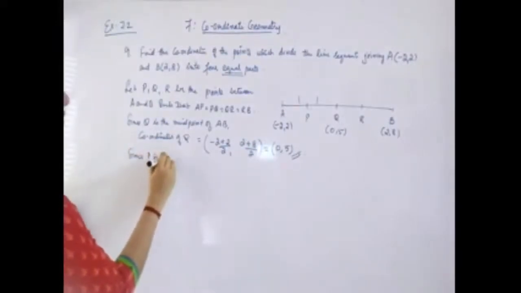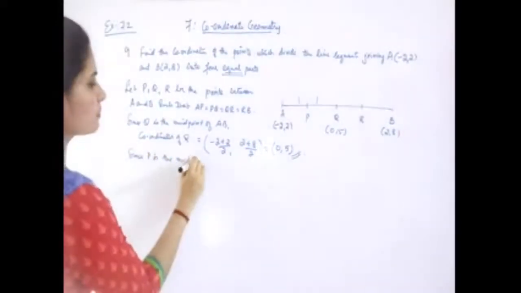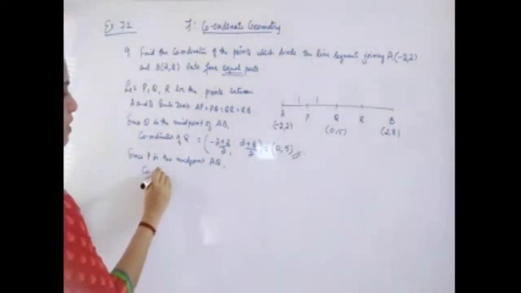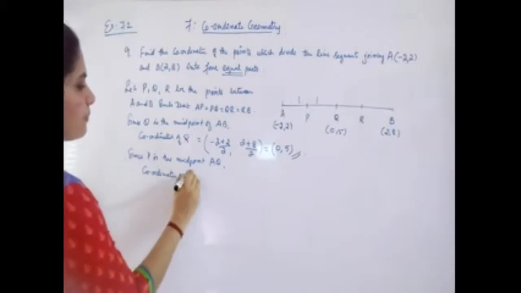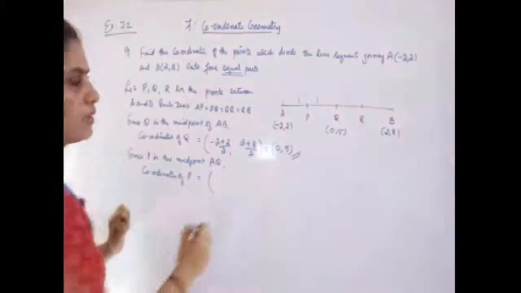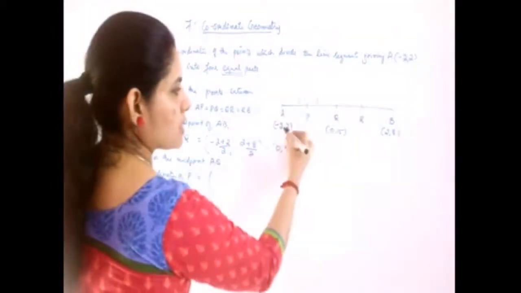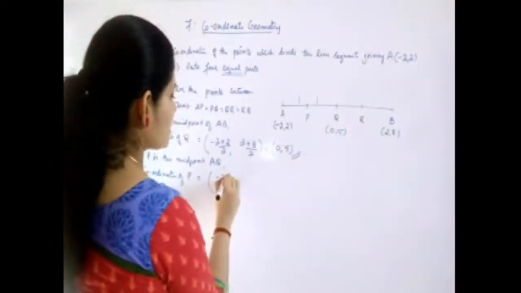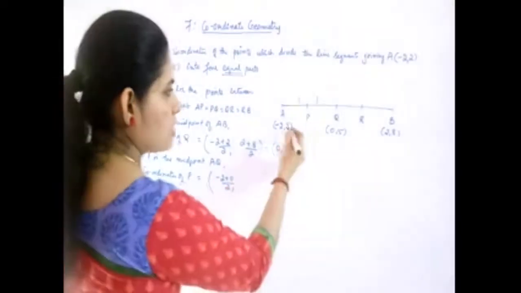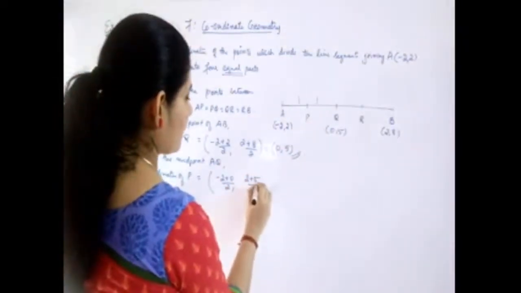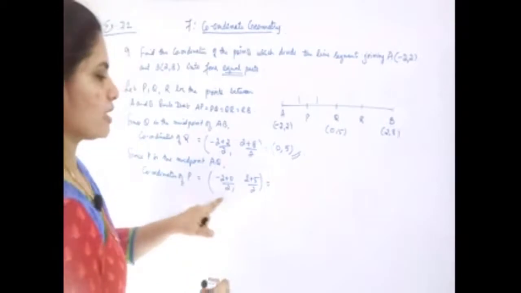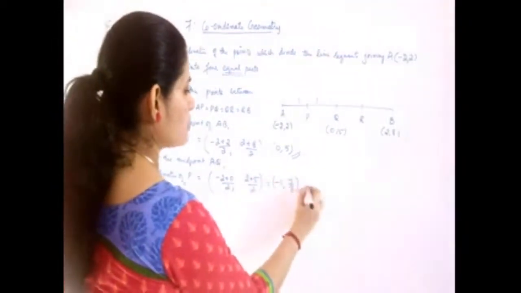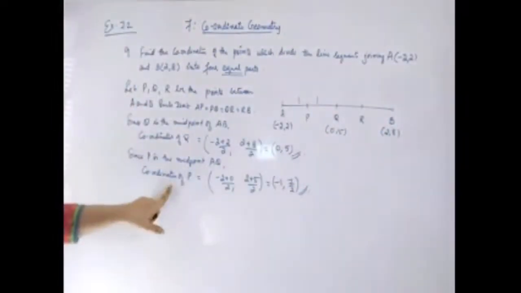Since P is the midpoint of AQ, the coordinates of P are, taking these 2 points as x1, y1 and x2, y2, ((x1 + x2)/2, (y1 + y2)/2), that is (-2 + 0)/2, (2 + 5)/2. This gives -2/2, which is -1, and 7/2. So these are the coordinates of P.